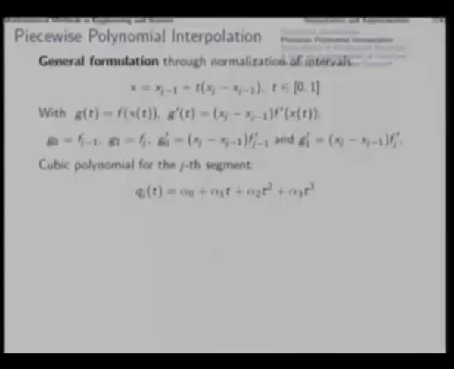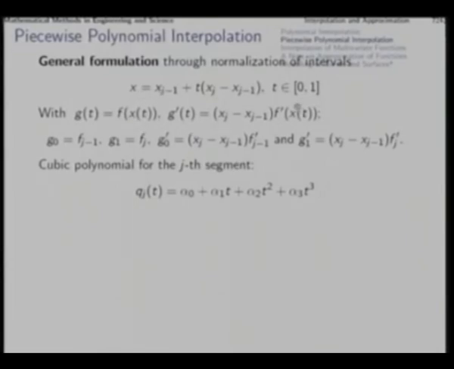And then the function f of x can be talked of as f of x of t, which you can call g of t, and then g prime will be the derivative of f with respect to x into the derivative of x with respect to t, which you get from here, xj minus xj minus 1.